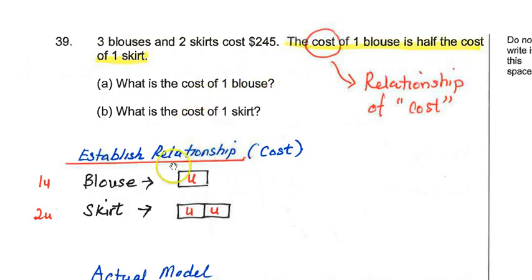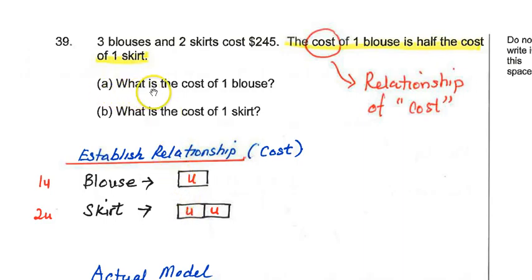Now bring your attention over here. It means blouse, you will have 1U, skirt, 2U. Why? Because the blouse is half of the skirt. The cost of the blouse is half. Therefore it's 1U and the skirt is 2U. Hope you understand this part first. All right, this is important.